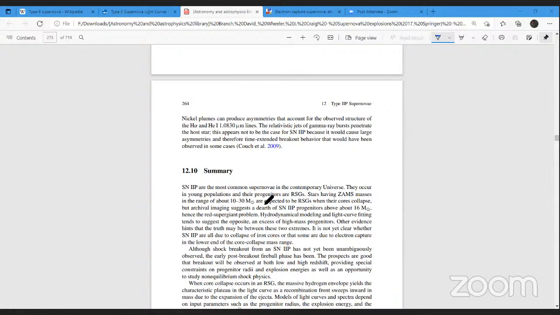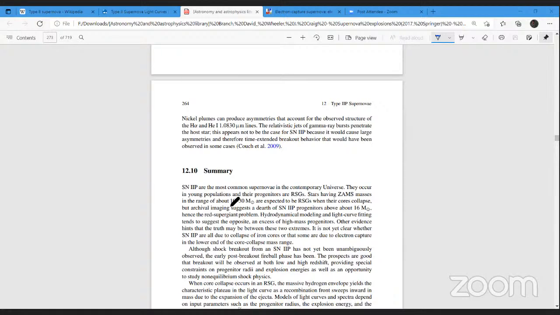So stars with masses in the range of about 10 to 30 solar masses are expected to be red supergiants when their cores collapse. This is the general definition we have learned so far, but the experimental technique, archival imaging, suggests a lack of type 2P progenitors greater than 16 solar masses.